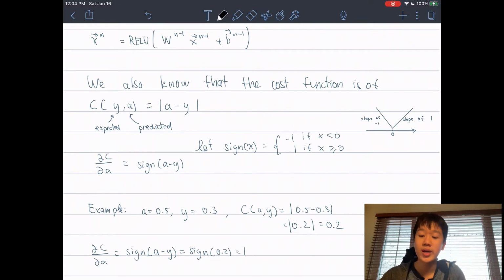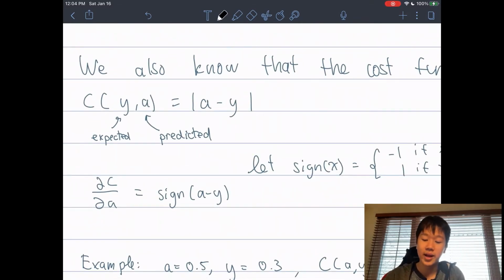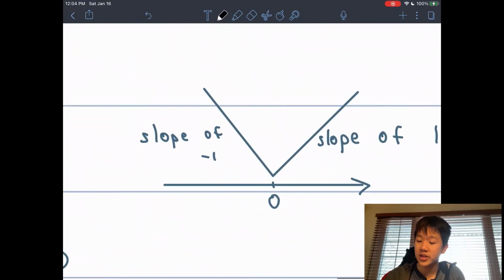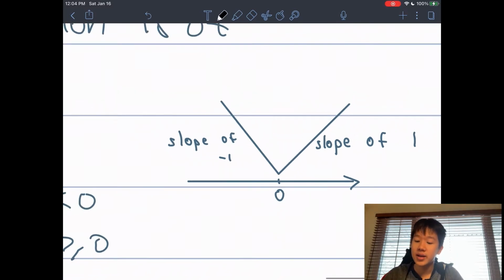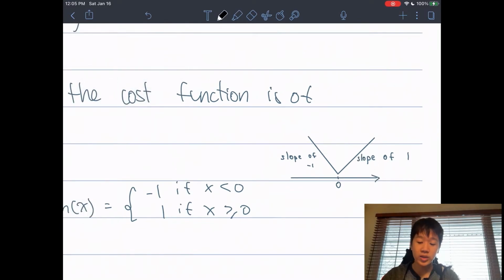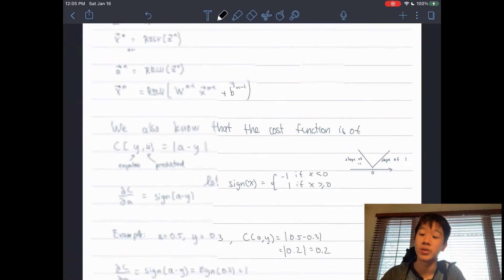So what I'm going to do is calculate del C over del A. That is, I have this function, which is an absolute value function, and then you'll see that when it's above 0, I have a slope of 1, and when it's below 0, I have a slope of -1. But what is going to be above 0 and what is going to be below 0?